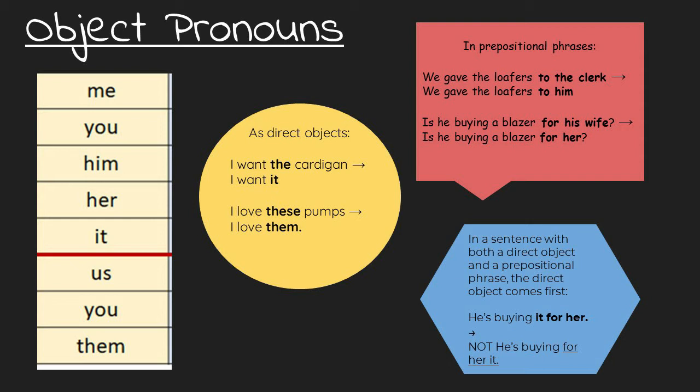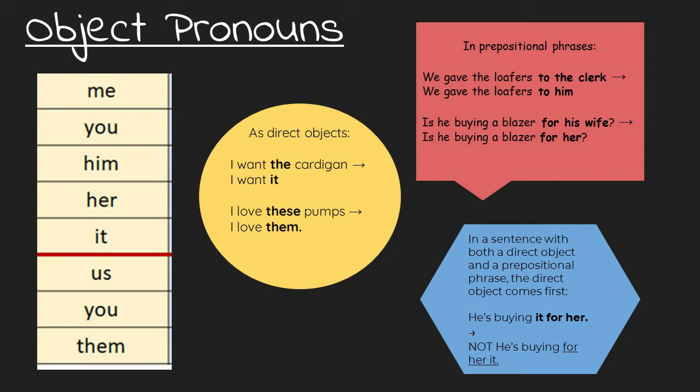If I want to say this but use an object pronoun, I can say "I want it." Why? Because the cardigan is a thing. It is not a person or a name or something like that. It is a thing, right? That's the reason that I'm going to use it.